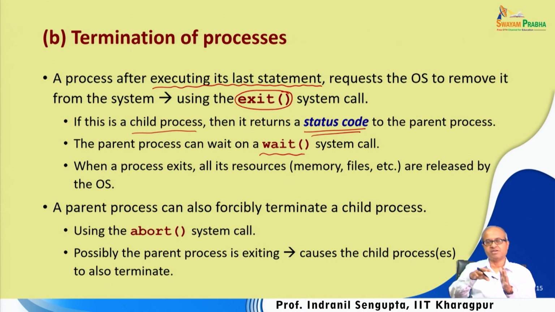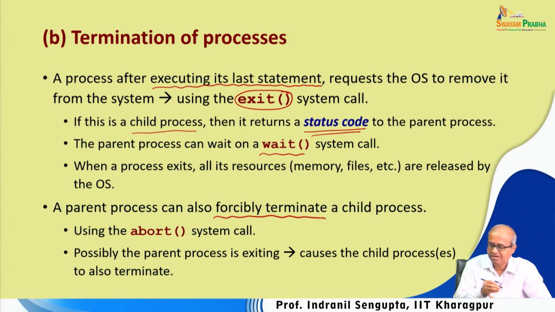A process executes an exit, or it executes the last statement, there is an implied exit, the process terminates, and a parent process can wait for the termination by executing a wait. Now, there is another way. It is possible that due to some reason the child process is not exiting, it has gone into an infinite loop or something. So, a parent process can forcibly terminate a child process also by calling a system call called abort.